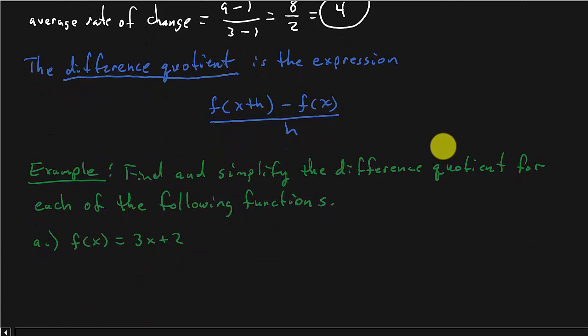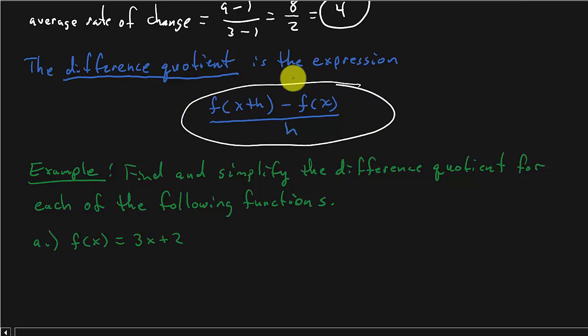Now, let's look at this. We have the difference quotient. So the difference quotient is the expression f of x plus h minus f of x, all that divided by h. And we want to calculate this difference quotient.